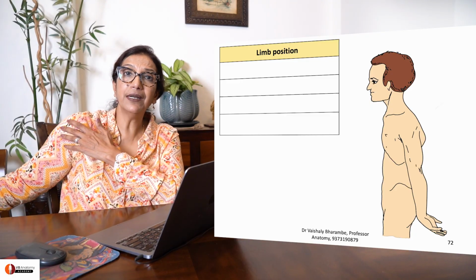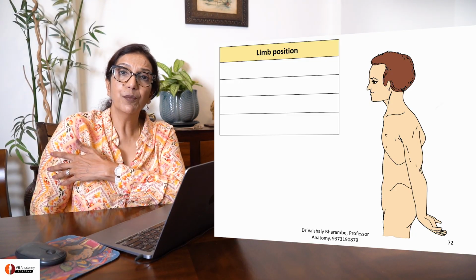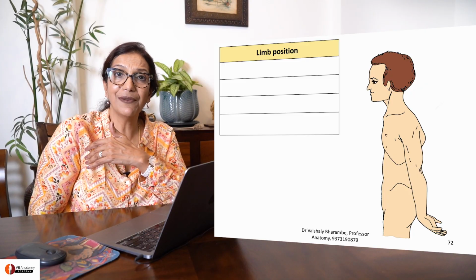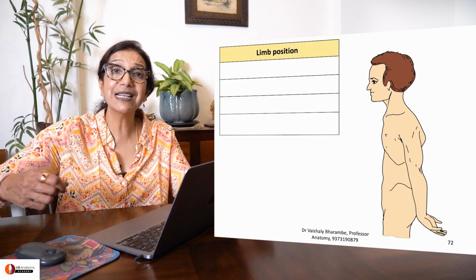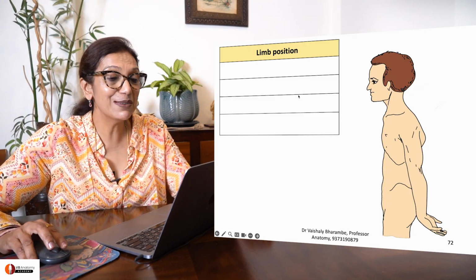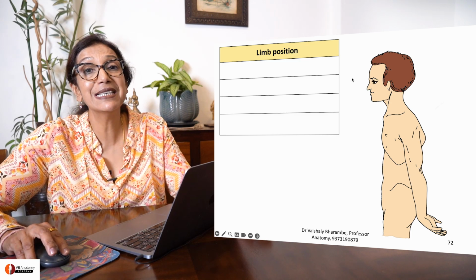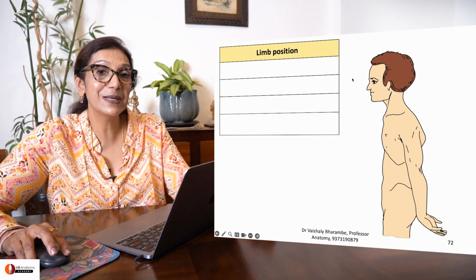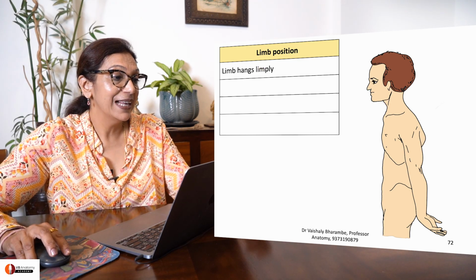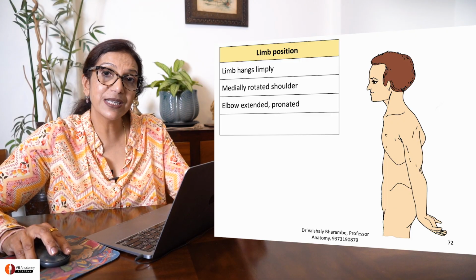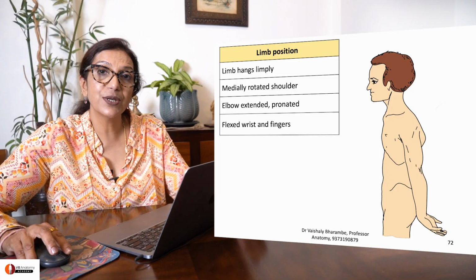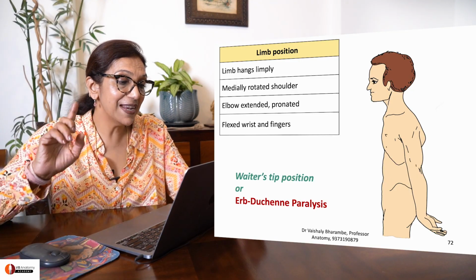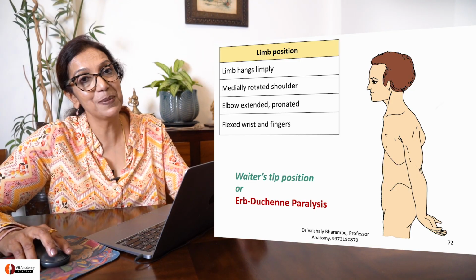The arm is adducted, extended, pronated and slightly flexed. It looks like the person is asking for a tip. So that's why it's sometimes called the policeman's tip condition. Limb hangs weakly, medially rotated shoulder, elbow extended and pronated, flexed wrist and fingers. That is the Waiter's tip or Erb-Duchenne's paralysis.